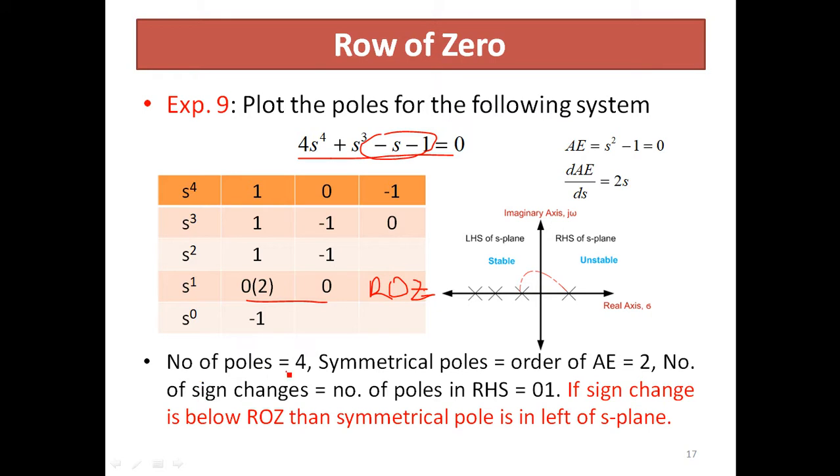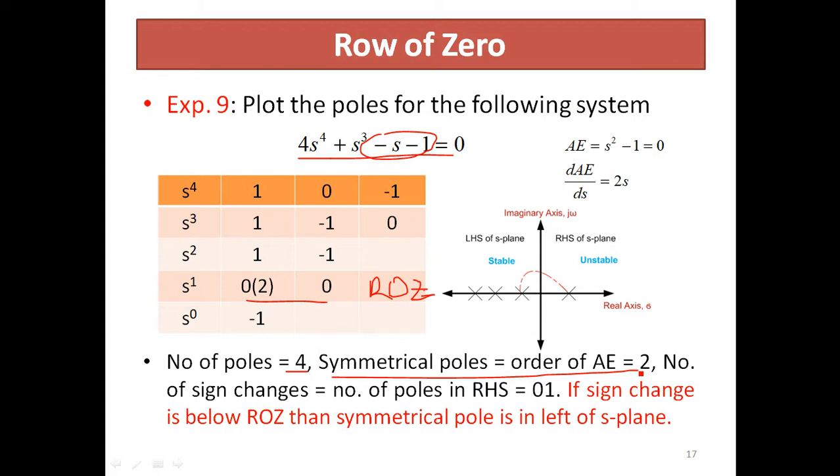Now come to analysis. Number of poles are 4. Symmetrical poles, order of auxiliary equation of 1 ROZ is occurring in Routh array. In the last examples we have considered, if 1 ROZ is appearing, it means symmetrical poles would be there.